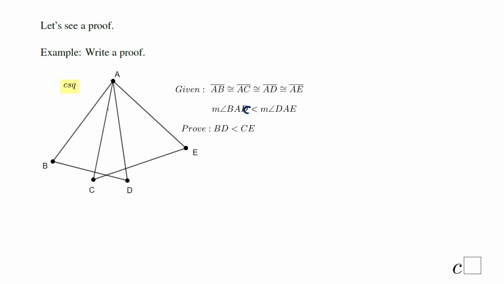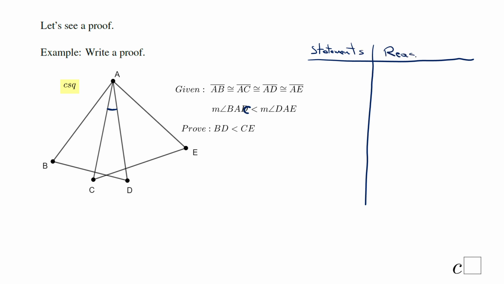We have also this angle here that is going to be on both triangles, so then we can apply the Hinge theorem. So one more time, let's do the proof, statements and reasons. And we're going to start with the same thing.